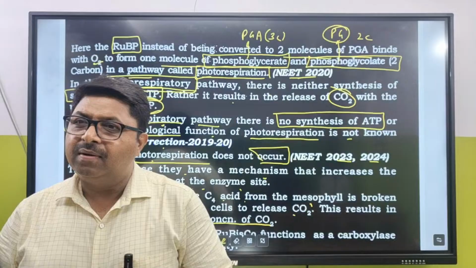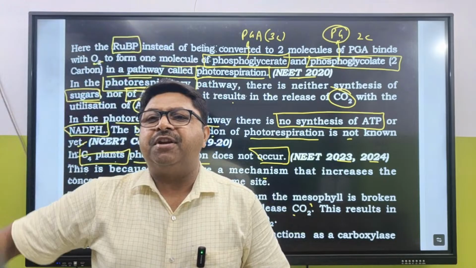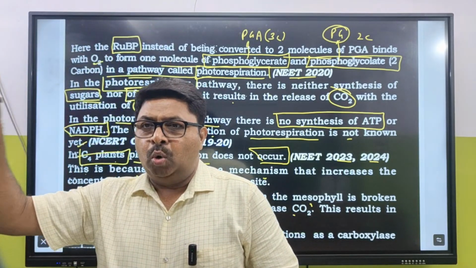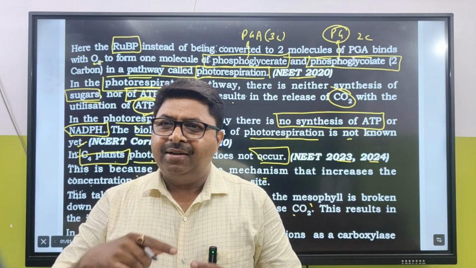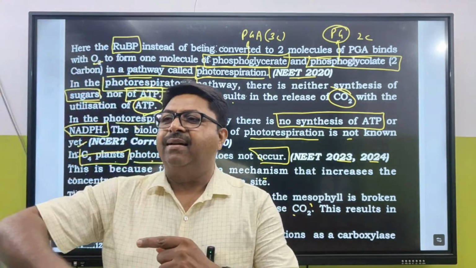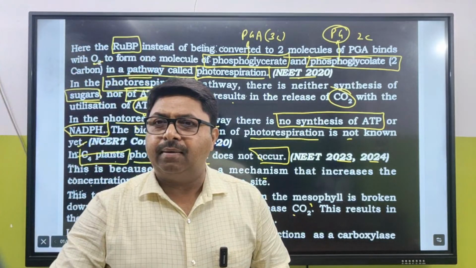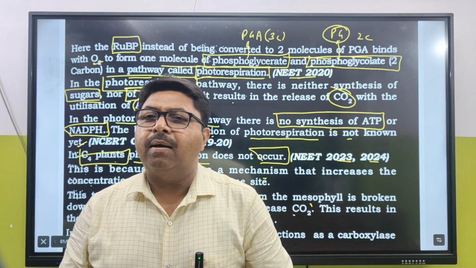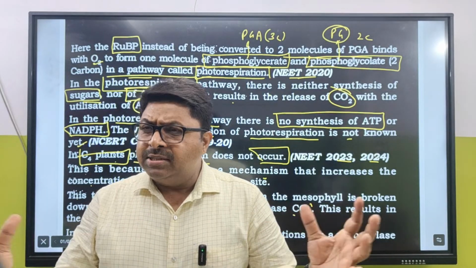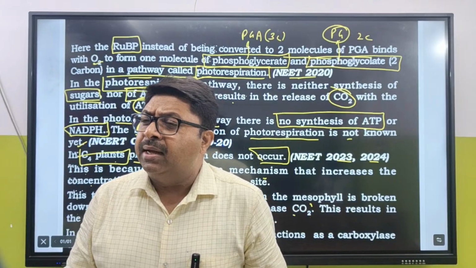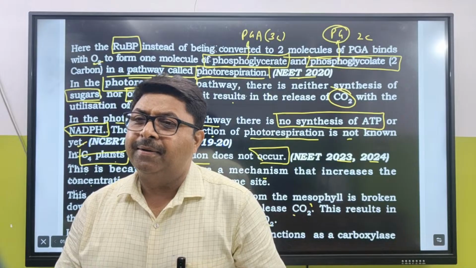RuBP যদি নিজে ভেঙে যায় তাহলে প্রসেসটা কে করবে? কে ওকে রিজেনারেট করবে? আবার ওকে তো রিজেনারেশন হতে হবে, তাই না? টু হ্যাভ দ্য C3 সাইকেল ইউ নিড টু রিজেনারেট RuBP। তো বারবার ভেঙে যাচ্ছে বিকজ হোয়াট ইজ মোর? অক্সিজেন ইজ মোর। তাহলে যদি অক্সিজেন বেশি হয়, যে কার্বন ডাইঅক্সাইড অ্যাকসেপ্টর সেই যদি ঠিক না থাকে, তাহলে তোর প্রসেসটা এগোবে কি করে? PGA তৈরি করে PGA থেকে বের করতে হবে কি করে?